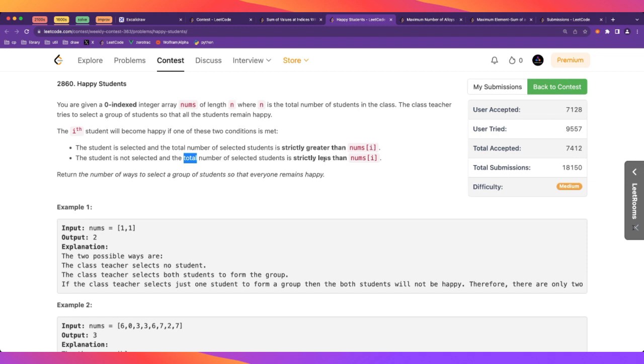If we check how many are less than it, that is going to give us the number of selected students based on this rule, and it has to be the same as the selected students that we are considering, right? So we need to check if it's consistent, and if it's consistent, then we count it, right?